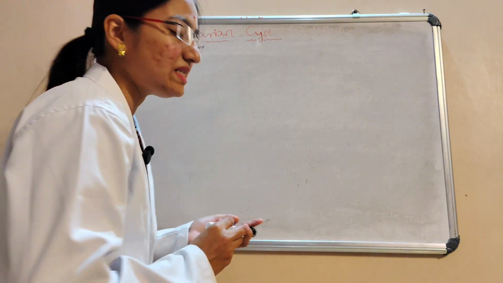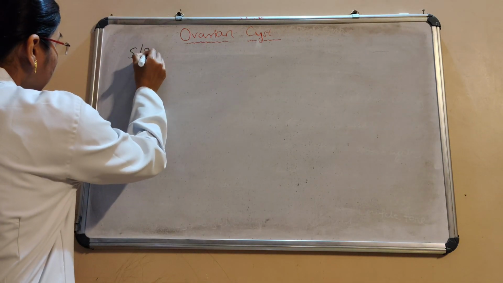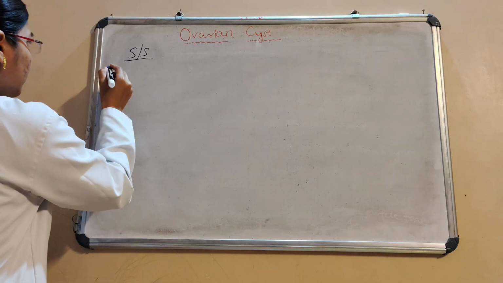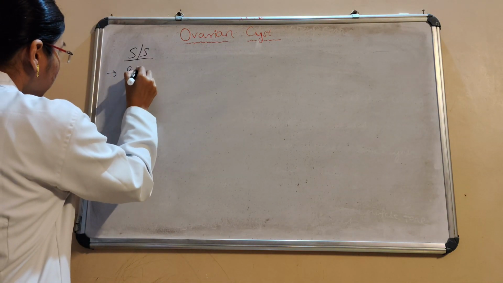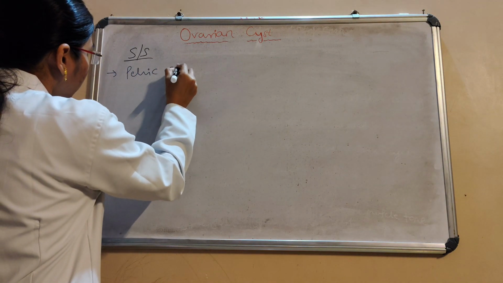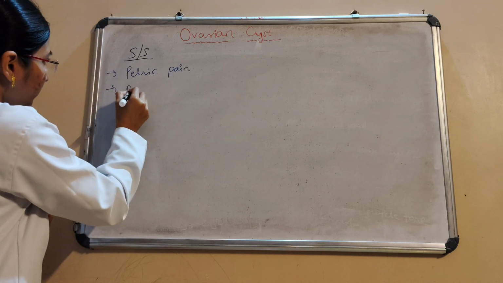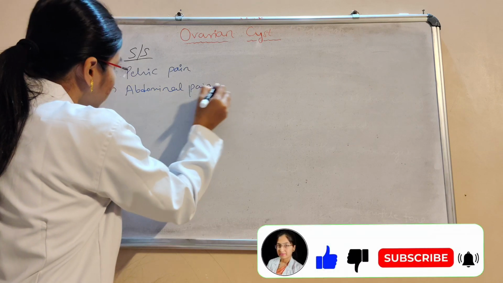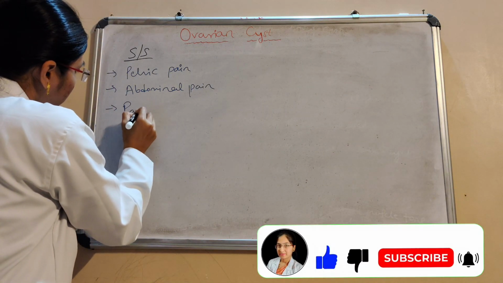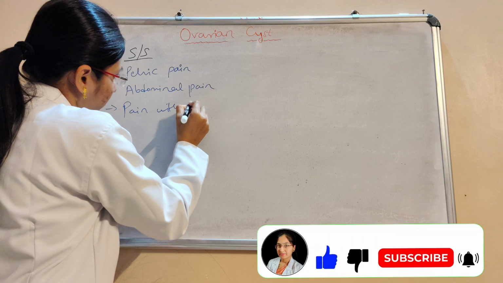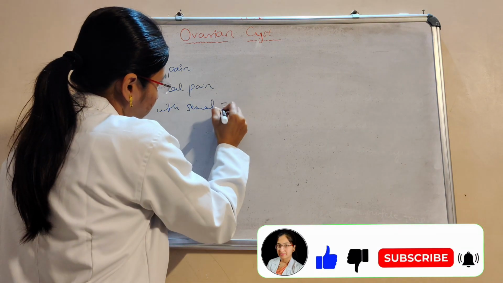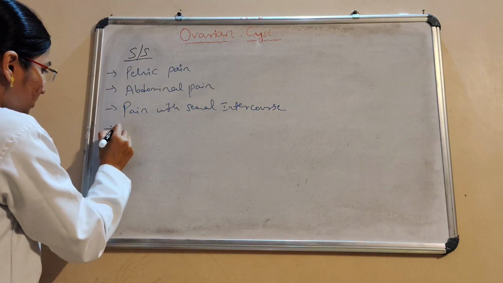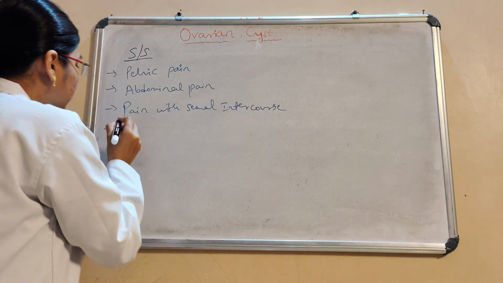Next we'll see the signs and symptoms of ovarian cyst. First there will be the pelvic pain. Pelvic pain, abdominal pain also present. Pain with sexual intercourse. And then pressure on rectum and bladder.